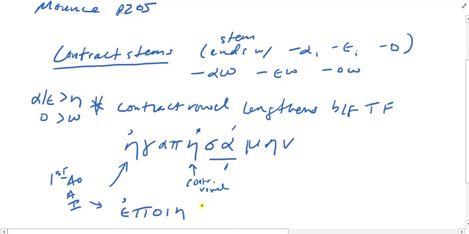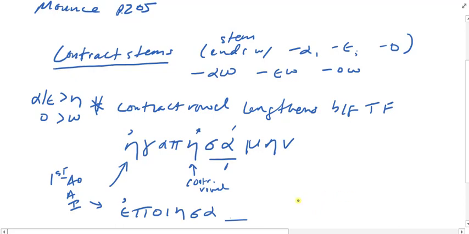Then my tense formative is sigma alpha, and then any personal ending for the active I want. I did is epoiesa. You did would be what? Epoiesas, with that eta lengthened contract vowel. And we did, epoiesa men, and so forth. If we wanted to make it middle, we just used the middle endings. Epoiesa mein. I made, or I made for myself.